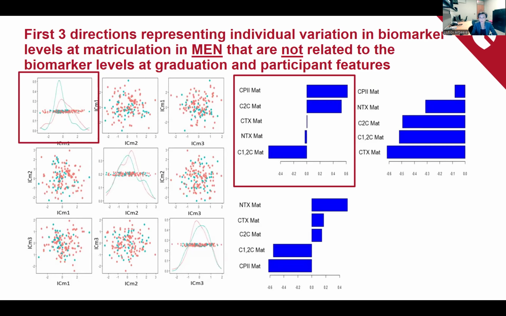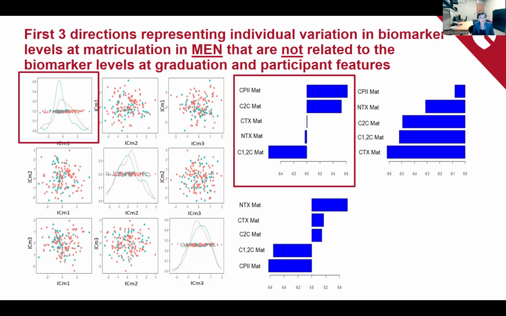So now I will move to the right part of the slide. These loadings are variable level information. And loading plots show the amount that each biomarker or clinical variable contributed to a given mode of variation. So all these plots should be used together for an interpretation.